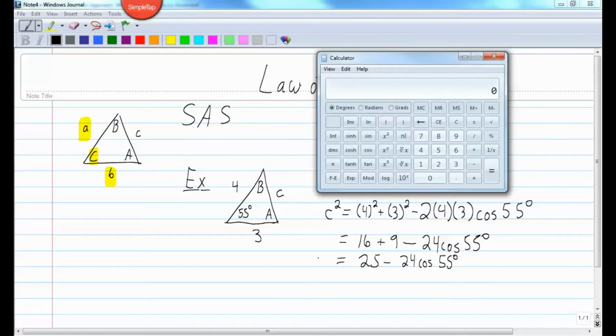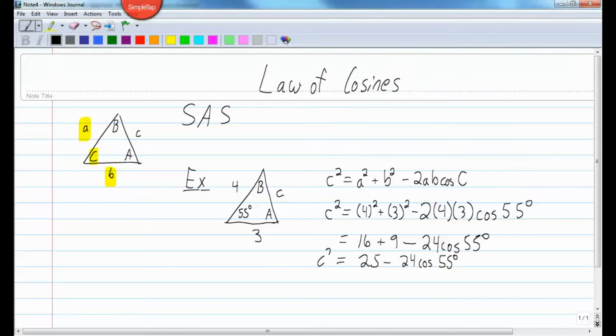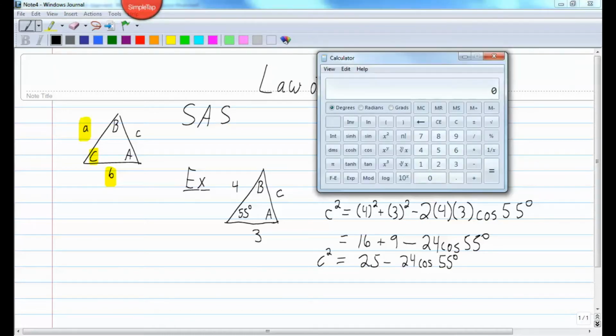Remember that it's C squared equals that, so to solve for C, once we work out this right side, we're going to have to take the square root. So 25 minus 24 times 55 cosine equals.